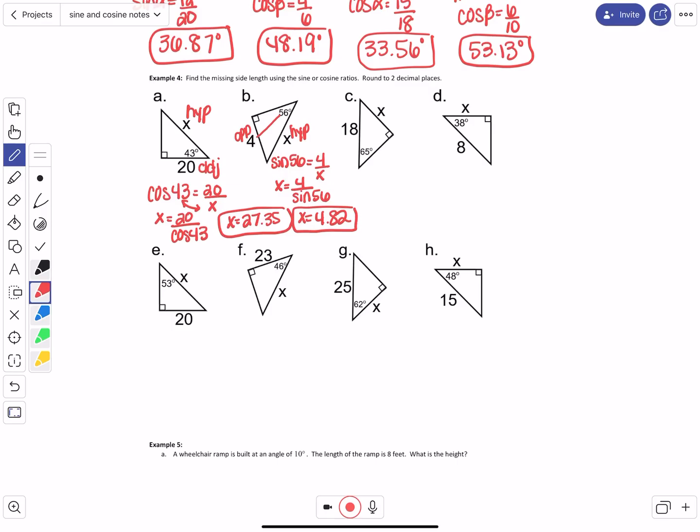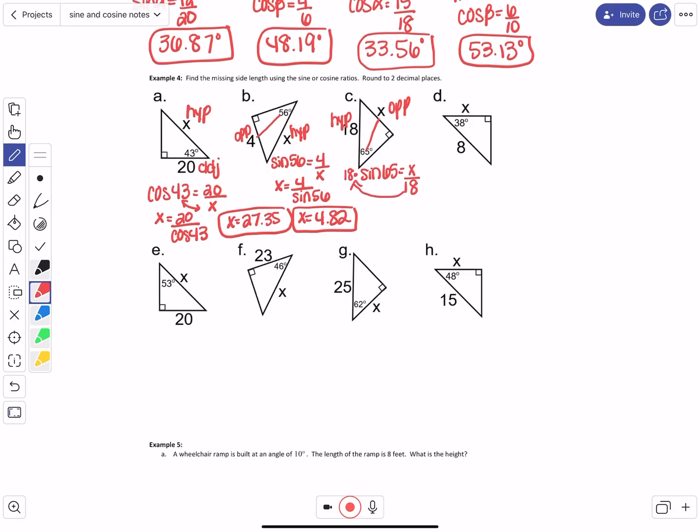Okay, so on this one, here's my hypotenuse. This is going all the way across the triangle, meaning that's my opposite. So opposite is sine. So sine of 65 equals x over 18. Opposite over hypotenuse. Opposite goes on top, the bigger number goes on the bottom. So since 18 is on the bottom this time, I just move it up and over.